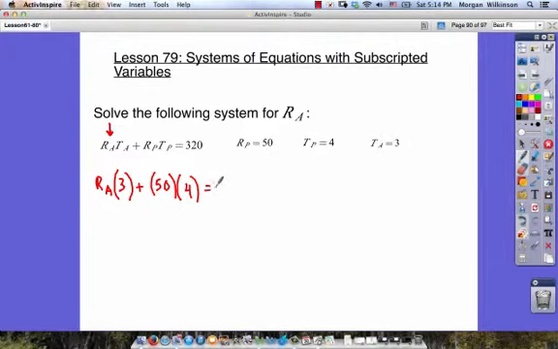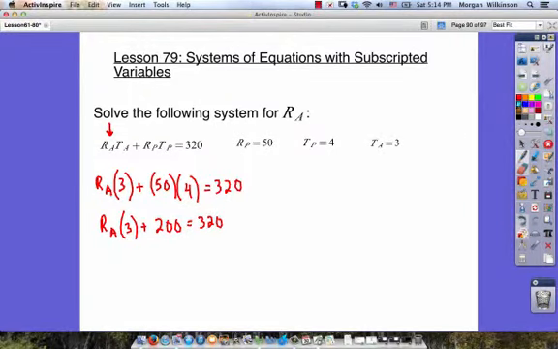And this whole thing equals 320. While this problem might have looked pretty intimidating to begin with, all it is is substitution, just like we've worked with multiple times before. So we're going to get r sub a times 3 plus 50 times 4, that's 200, will equal 320.